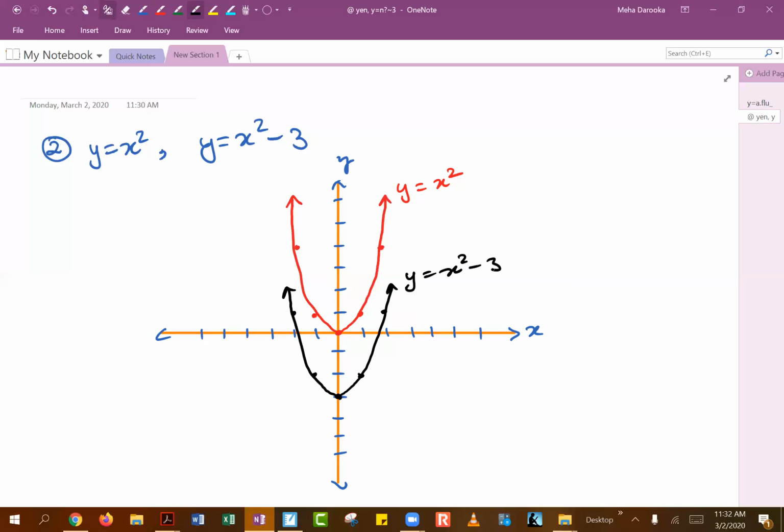Every single y value has been subtracted by 3. So basically, as Jacob mentioned, if you start with that origin, you can see it has moved 3 units down. Every single point on this graph has now moved 3 units down. So that's your downward translation, or your vertical translation going down.